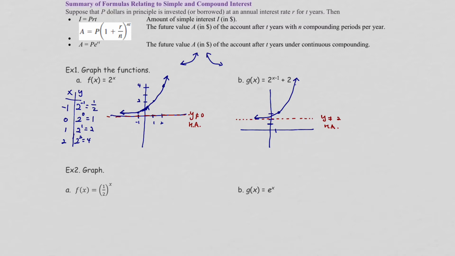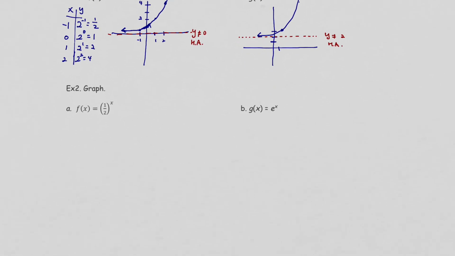I wanted to show you when your base is 1 over 2 also. If your base is 1 over 2, let's see what happens by plugging in points. Let's do maybe 3 points. When x is negative 1, y is 2.